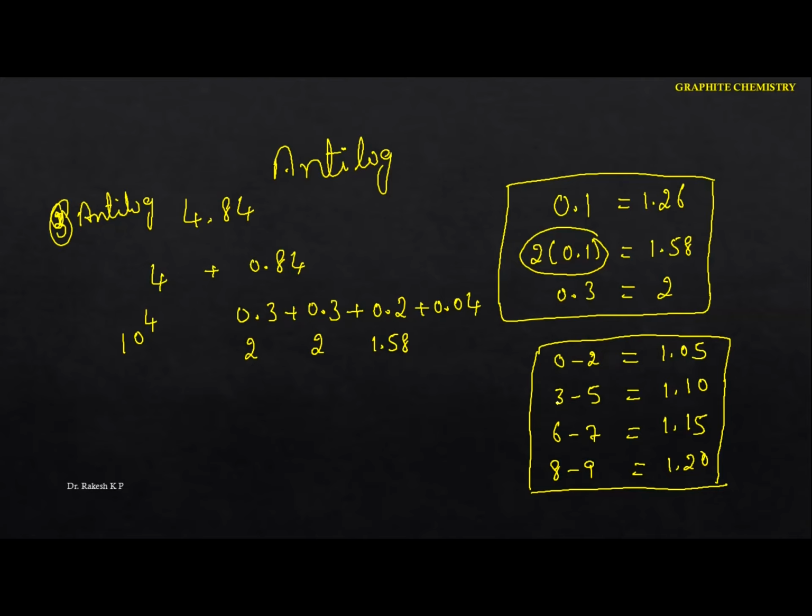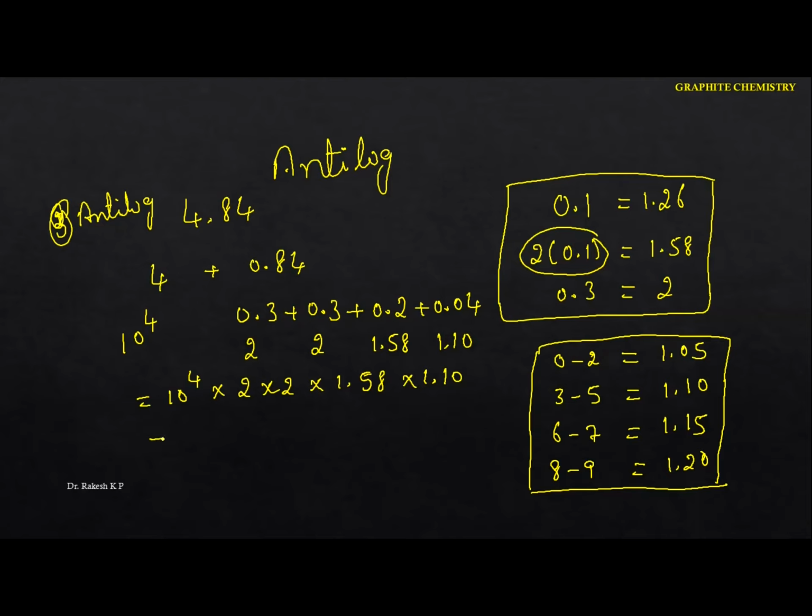The 4 lies between 3 and 5, hence I'm going to take it as 1.10. Now finally we have to multiply all the values here: 10 to the power of 4 into 2 into 2 into 1.58 into 1.10.